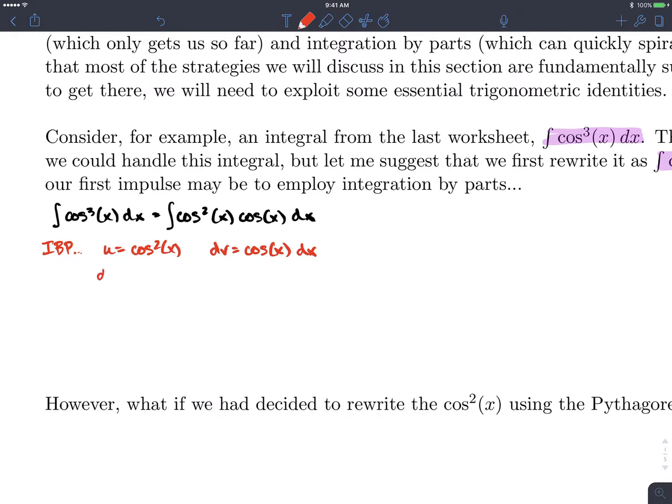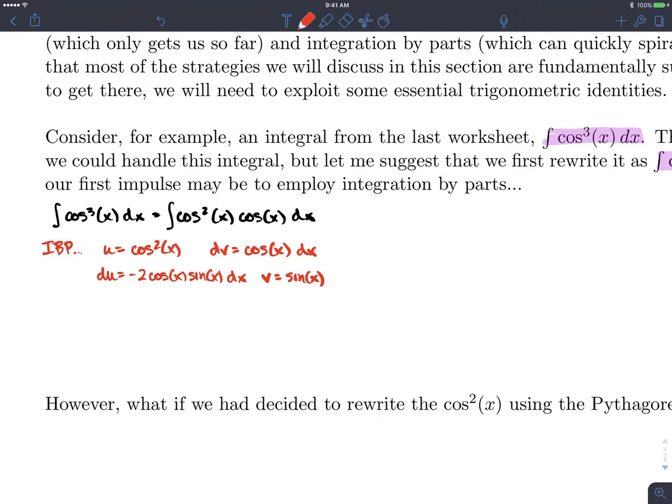Now, differentiating our u is a chain rule, and by doing the chain rule we're going to end up with negative 2 cosine x sine of x dx, rearranging things to pull the negative coefficient out front. And then our v, by integrating cosine, is just going to give us sine of x.